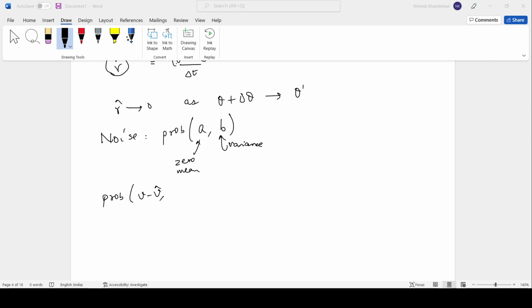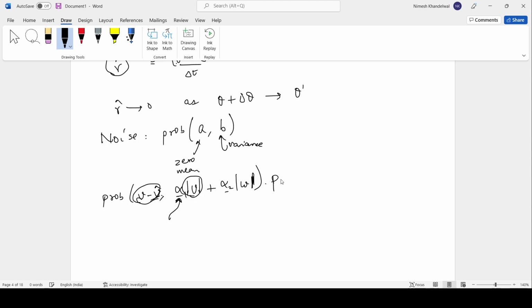And then we tailor the variance as alpha 1 times magnitude of v plus alpha 2 times magnitude of omega. Essentially the idea here is that alpha 1 is chosen based on the effect of the magnitude of v on the whole estimate.